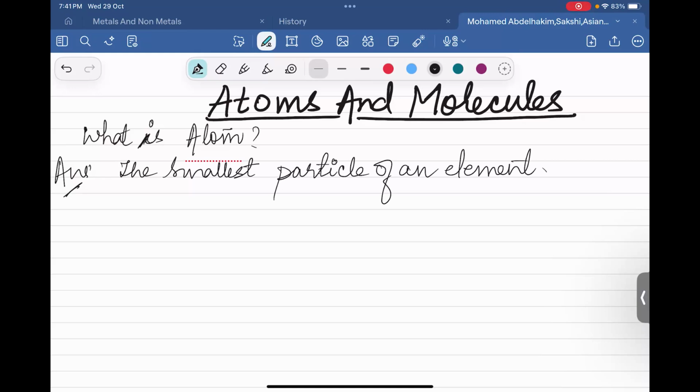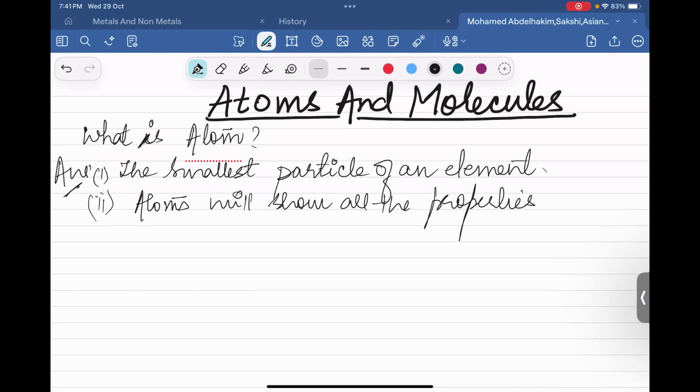Okay, ma'am. This means atom will show all the properties of the element. Correct?